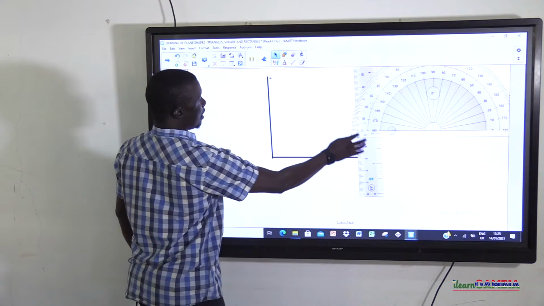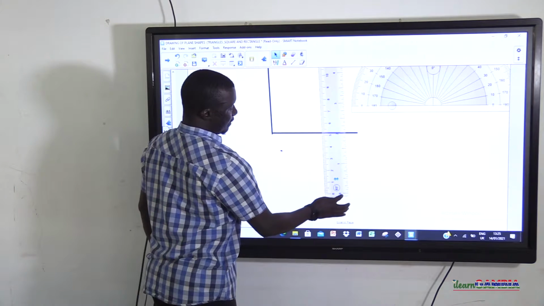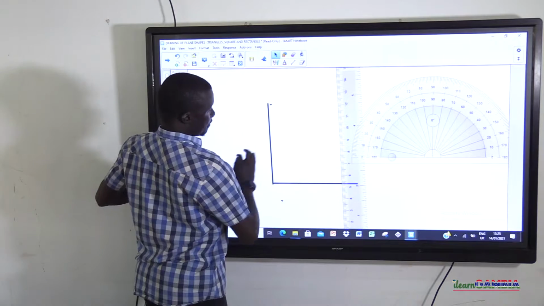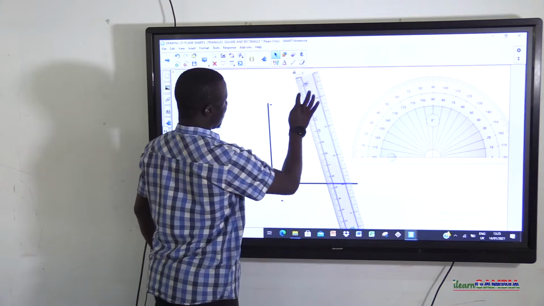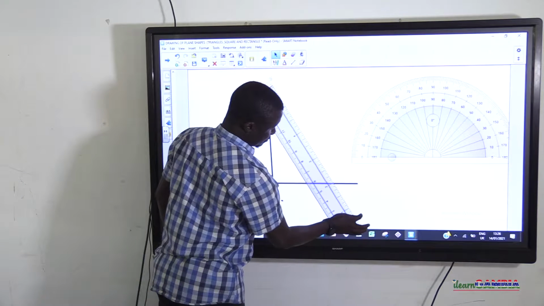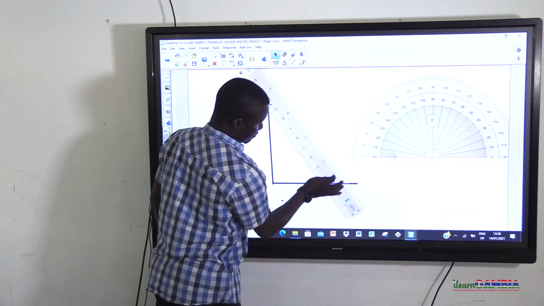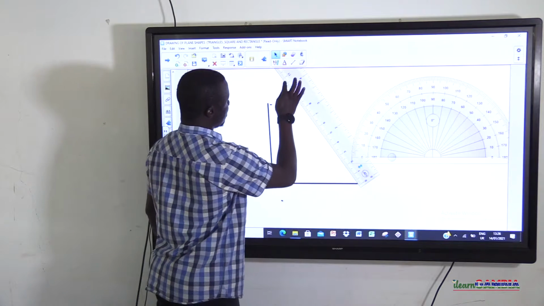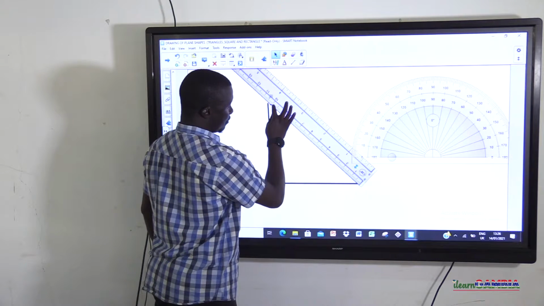Now we can get our ruler again to connect and draw one side of the triangle.